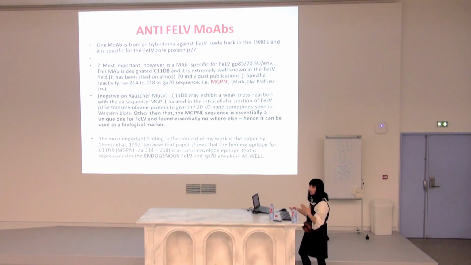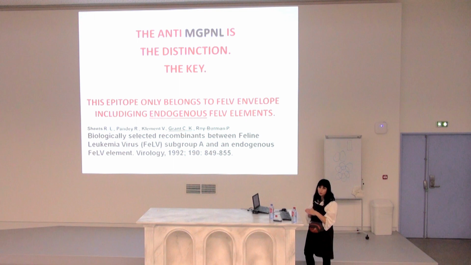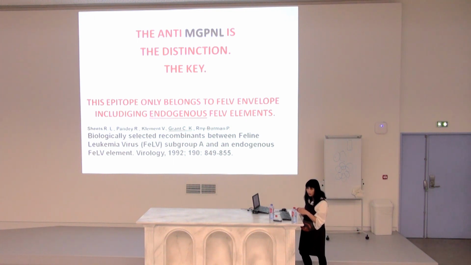It is a biological marker, and no one can really question the specificity of this antibody, because everything will fall apart. Never has this specificity been in question. This antibody, anti-MGPNL, is the distinction, because this epitope only belongs to the FeLV envelope, including not only the exogenous FeLV, the A1 particle, but including endogenous FeLV elements, of endogenous retroviruses.